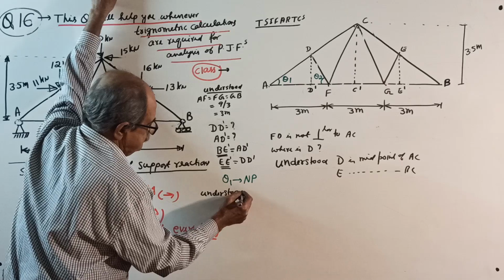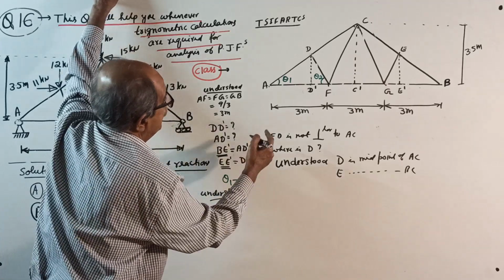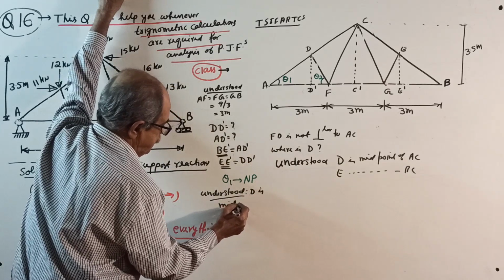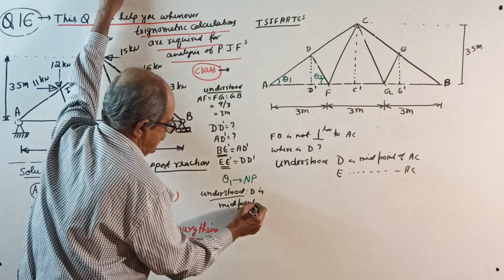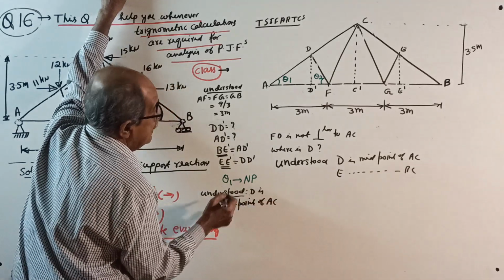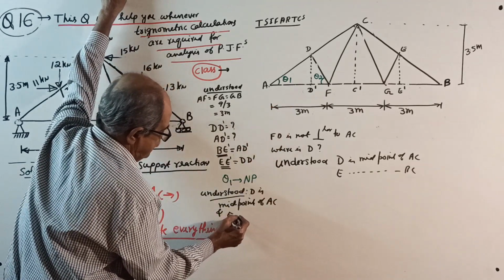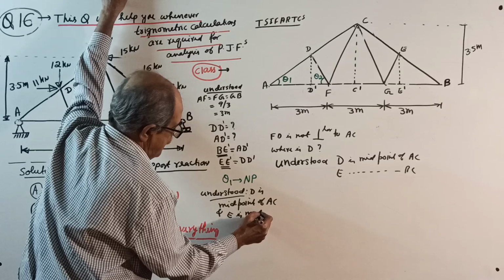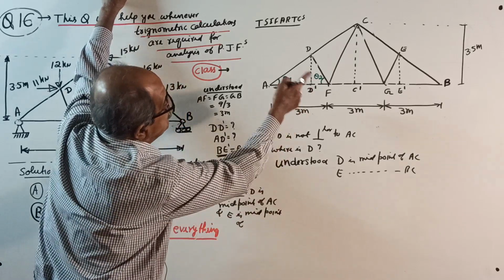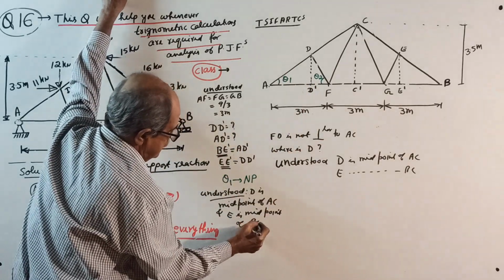Understood that D is the midpoint of AC and the other one E is the midpoint of BC.